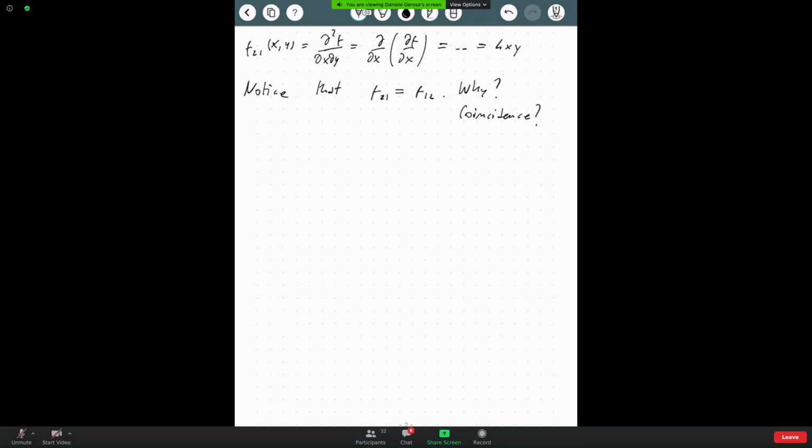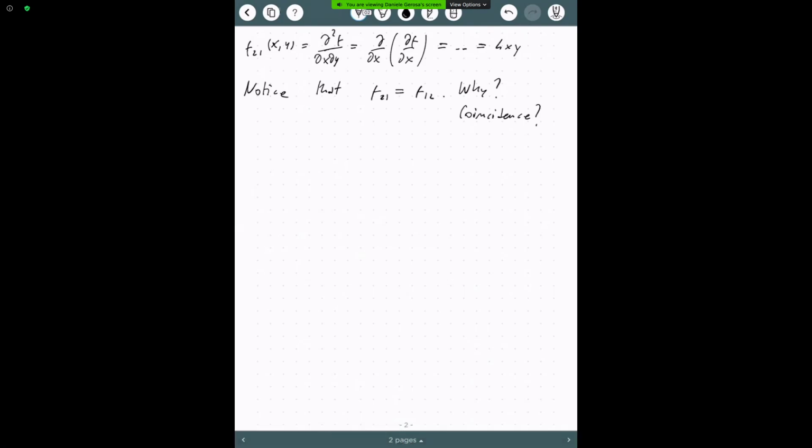No, this is not a coincidence, of course. The function is C2 smooth. We proved that on the lecture today. They commute. Yes, very good. That's called the Schwarz theorem. So that's the correct answer. Since the function is C2 smooth, the mixed partial derivatives of second order are the same.